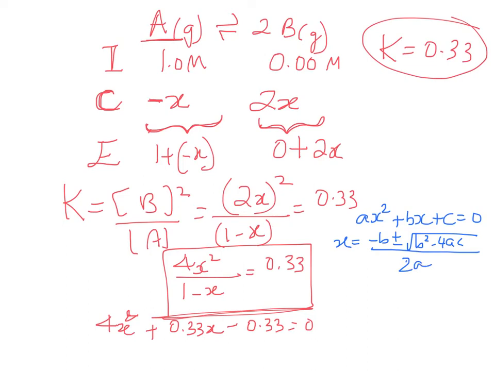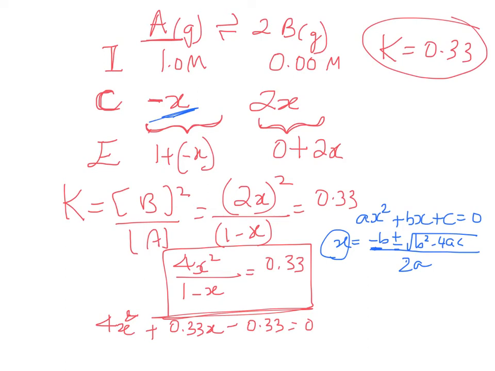Realize that out of these solutions, only one is usable because after all, what is x? x is a concentration, and that can never be negative. So the solution you get from minus b minus the square root of b squared, you can simply omit because a negative number has no meaning as far as concentration goes. But you will still have to solve the other one.